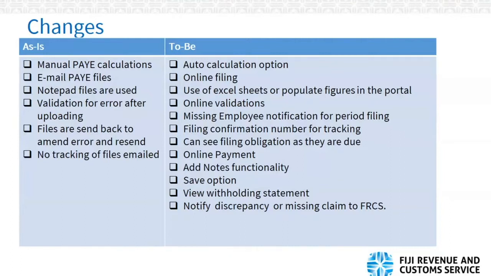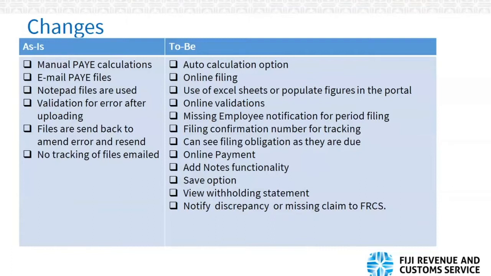In the to-be, there are online validations. So even online, if I enter a wrong TIN, the system will tell me that this TIN is not correct, or you'll be able to see if the TIN entered is correct or incorrect. So that validations with date of birth minimize the risk of employers entering a wrong TIN in the system.